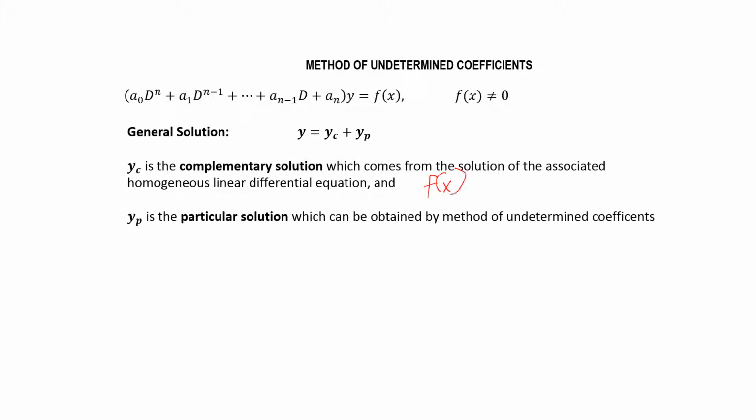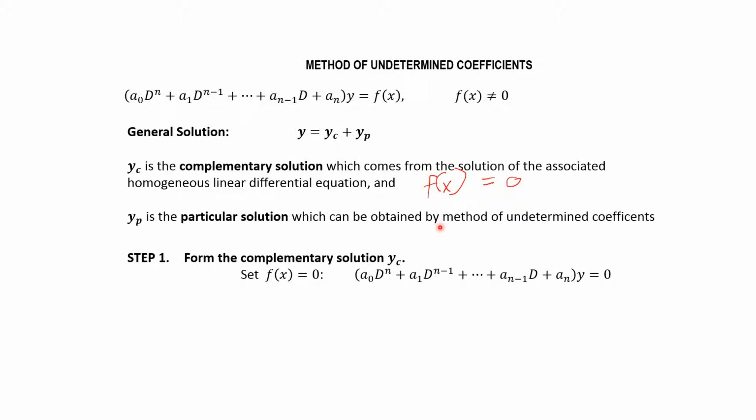So we know already how to do this in the previous topic. And y sub p is the particular solution, which will depend on the value of this f of x, and which we will determine using this procedure, the method of undetermined coefficients.